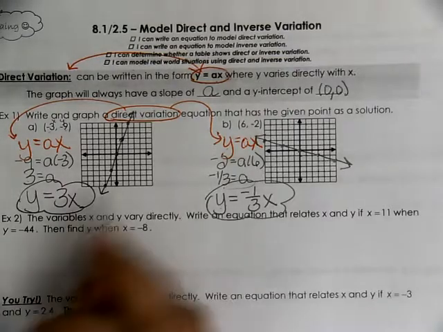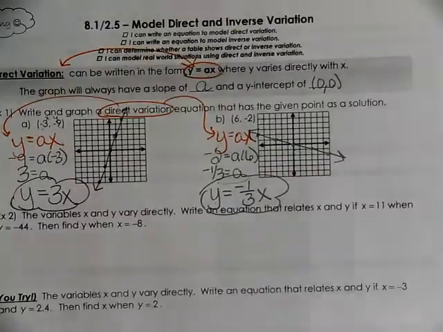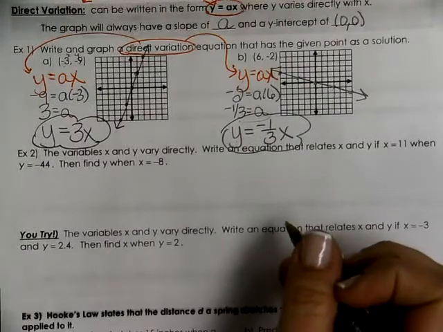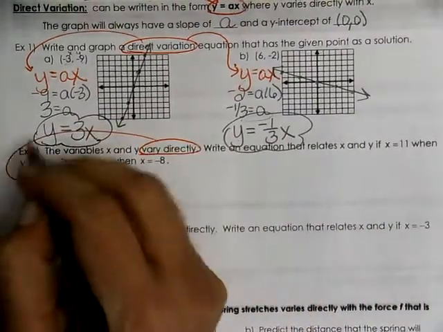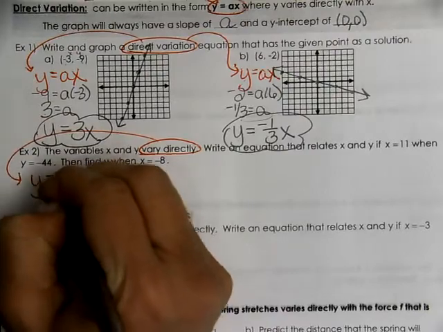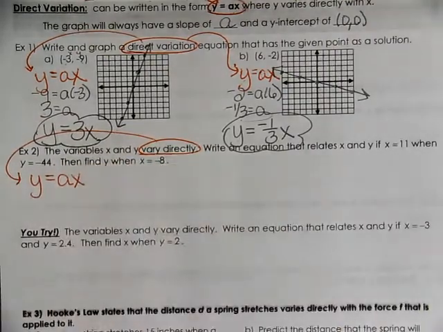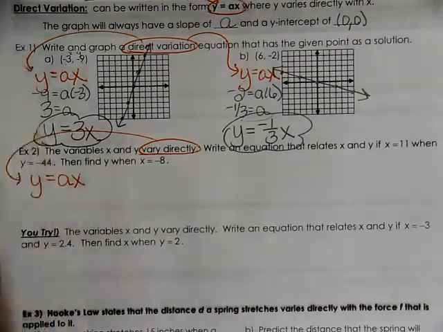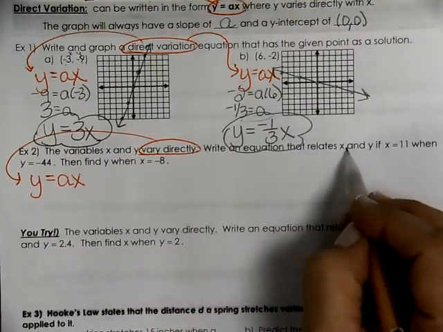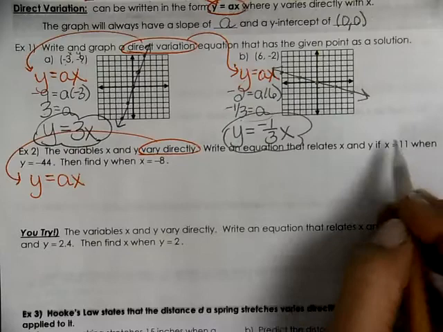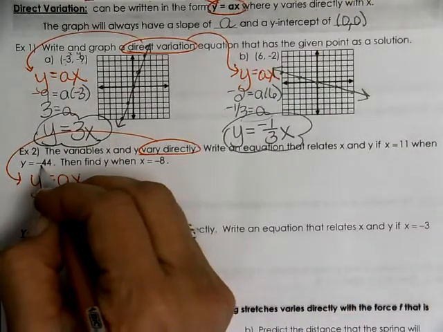Example 2 is similar. Again, it says that the variables x and y vary directly. So varying directly means we're going to have this y equals a times x idea. It wants us to write an equation that relates x and y if x equals 11 when y equals -44.